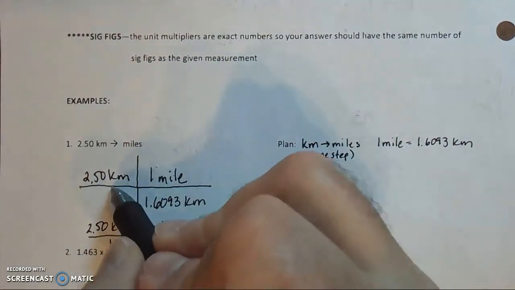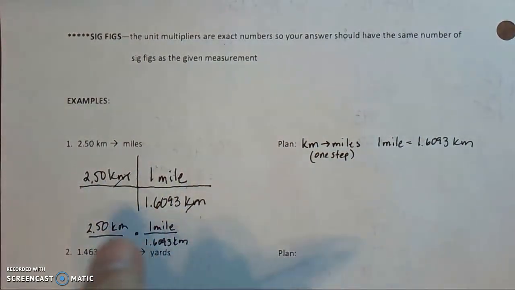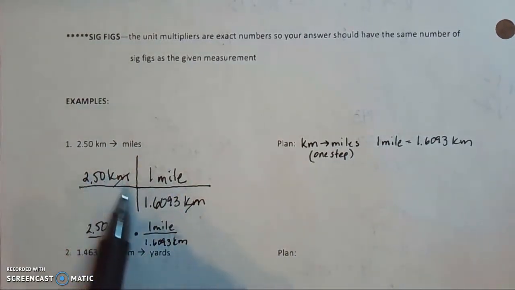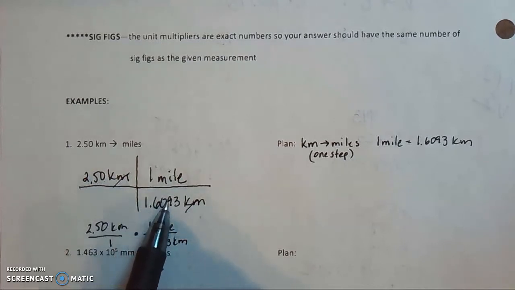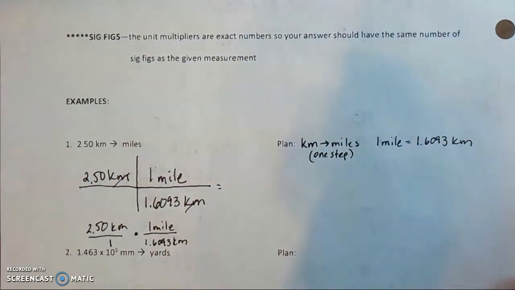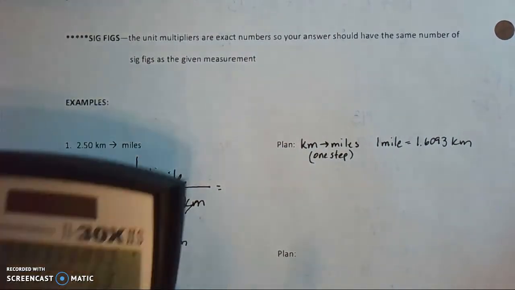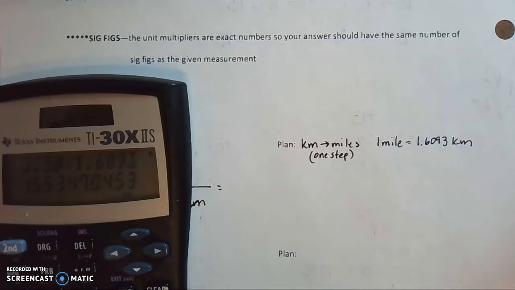So our kilometers cross out just like they would here if something's in a numerator and something's in the denominator. So we're going to take 2.50 divided by 1.6093 in our calculator. 2.50 divided by 1.6093, and that gives us this big long number.